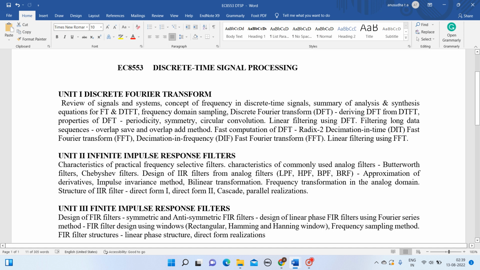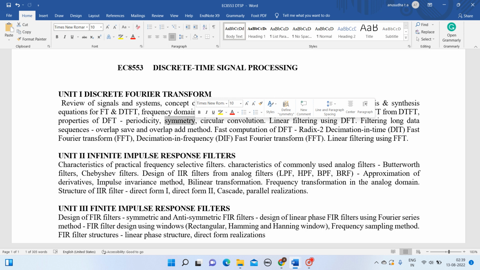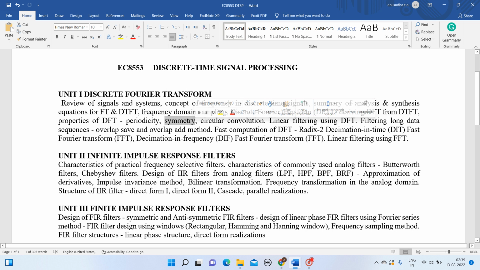And properties of DFT, especially the periodicity property, is very important in order to solve the problem. The symmetric property is also important in order to reduce the computational complexity, especially while solving the matrix based DFT, so the symmetric property is very important.